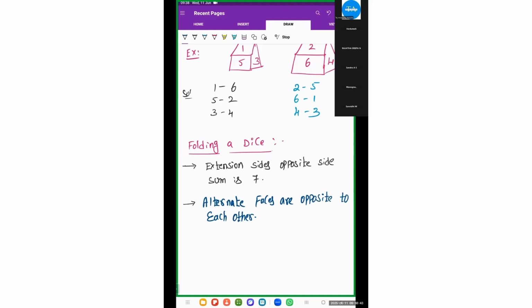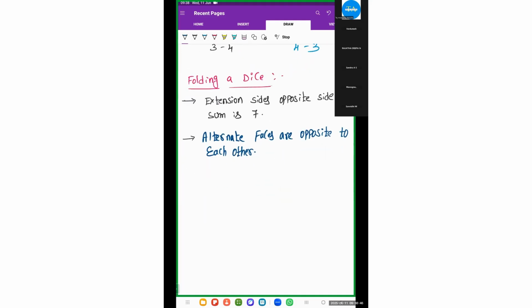So how do we identify extension sides and alternate faces in the open dice? Let me take one example.